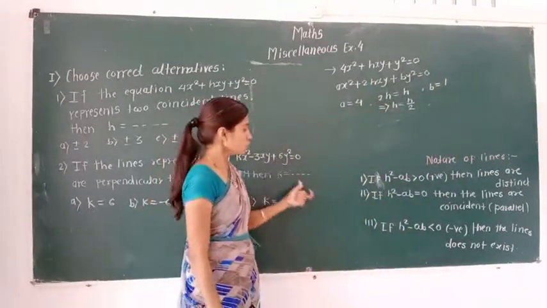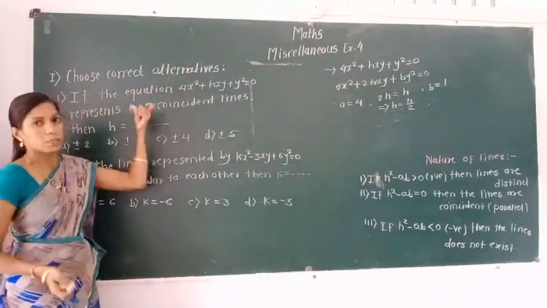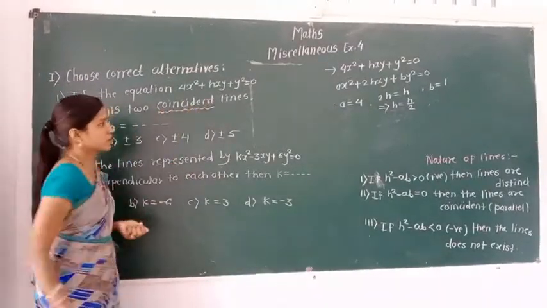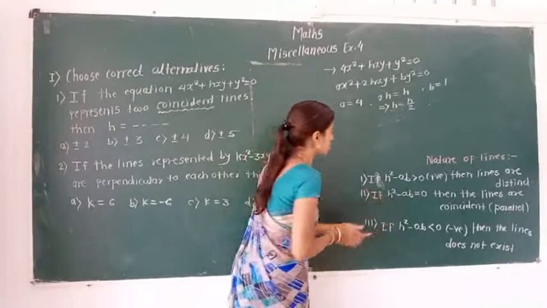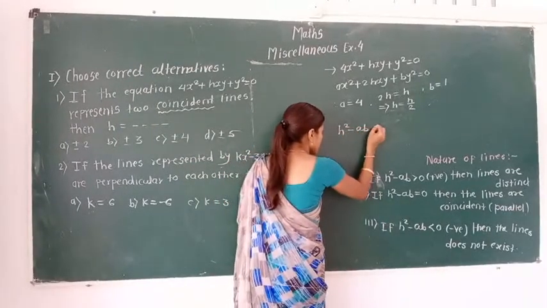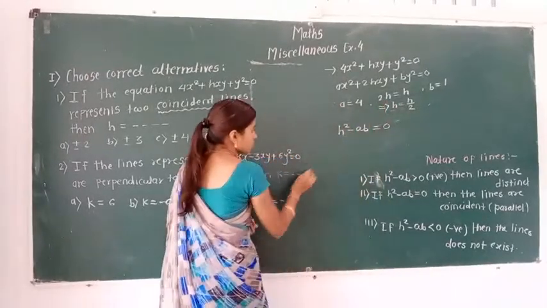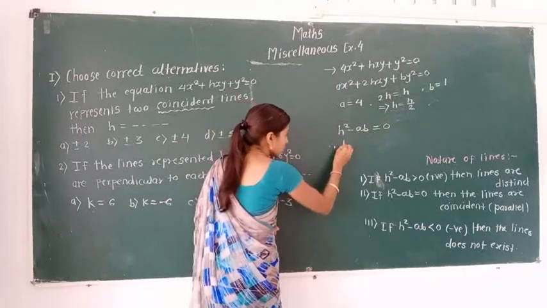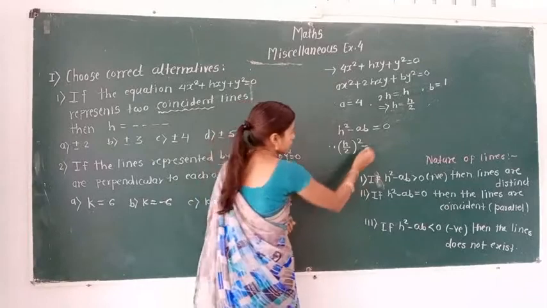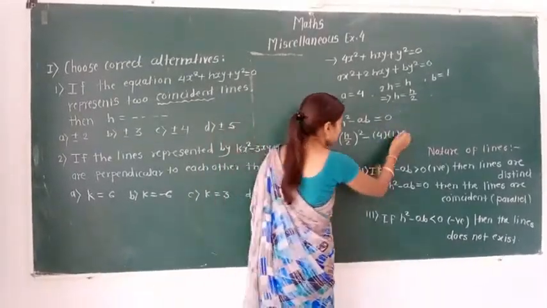Now the given equation represents two lines, but these two lines are, it is very important, coincident. That means we take the condition h square minus ab is equal to 0. Now put all these values in this equation. We can write (h by 2) whole square minus a, which is 4, into the value of b, which is 1, is equal to 0.